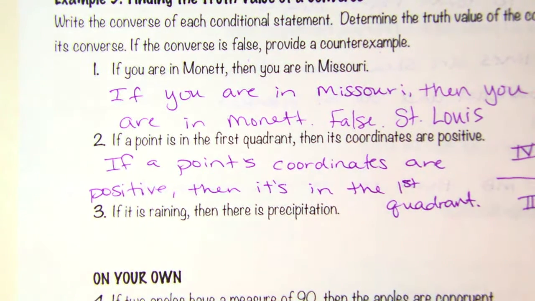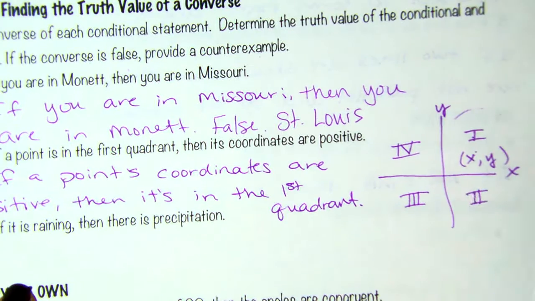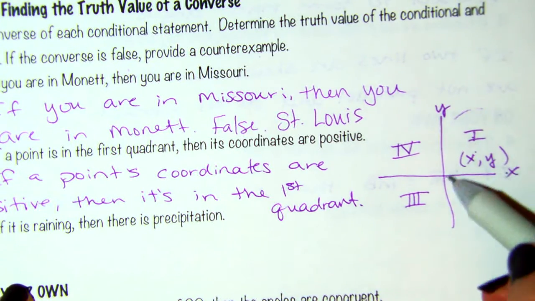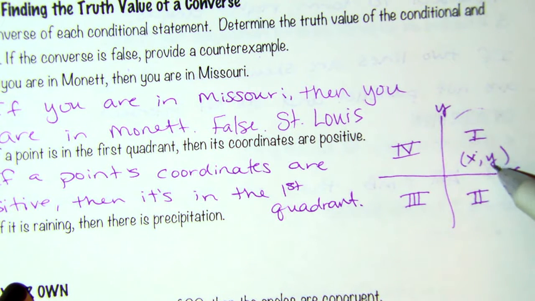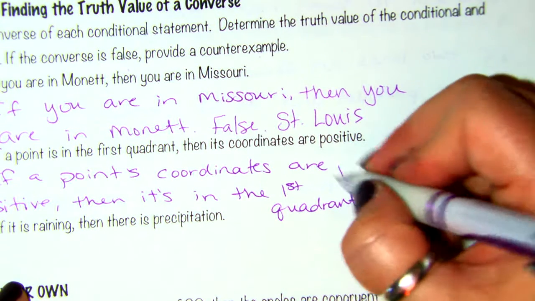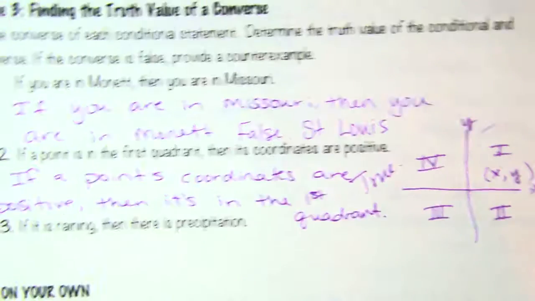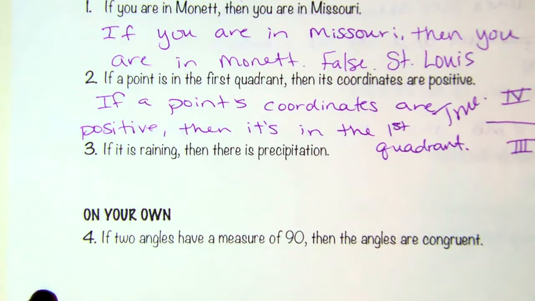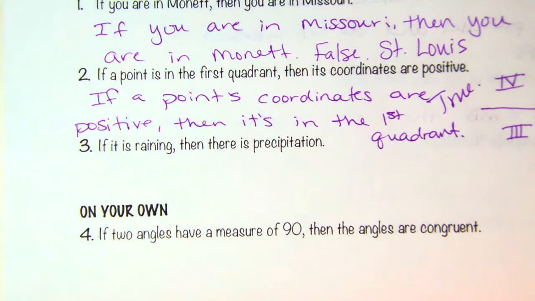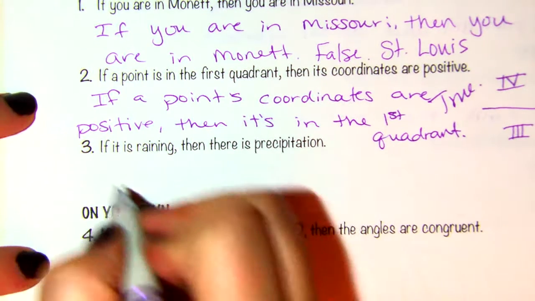So is that still true once we flipped it? So if a point's coordinates are positive, that would mean positive X, positive Y. It has to be right here. There's no other way that that could land in 2, 3, or 4. So this one is true, both directions. Number 3, if it is raining, then there is precipitation. So we're going to flip it first.